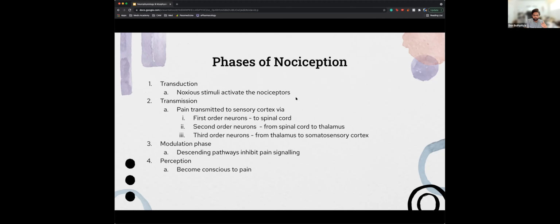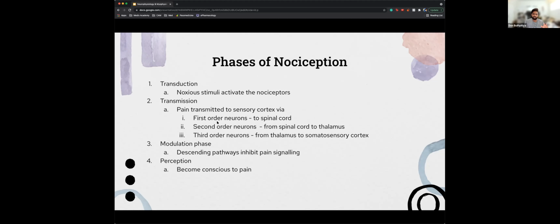So transduction, where the noxious stimuli activate the nociceptors. The transmission phase, where the pain from wherever it's being sensed gets transmitted to the sensory cortex via this pathway. I don't know if I'm covering this later, but I think it's called the anterolateral spinothalamic tract. It's very different to the DCML, which is something you guys would have covered last sem.